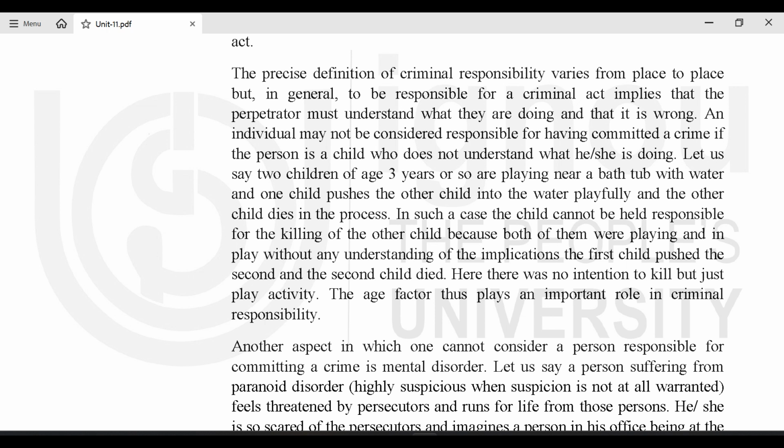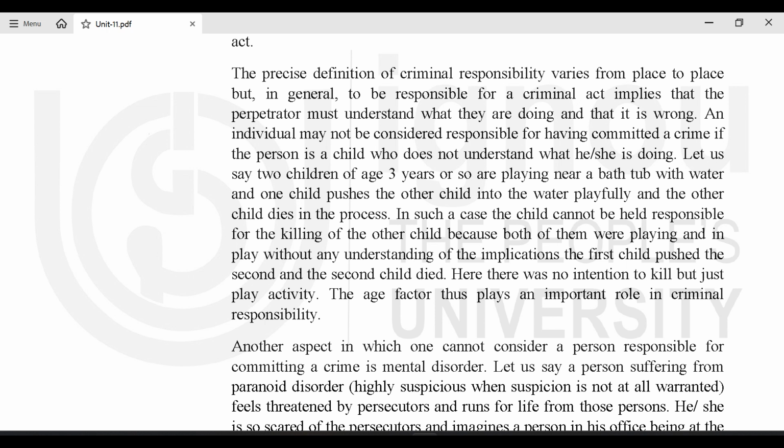In such a case, the child cannot be held responsible for the killing of the other child because both of them were playing without any understanding of the implications. The first child pushed the second and the second child died. Here there was no intention to kill but just play activity. The age factor thus plays an important role in criminal responsibility.